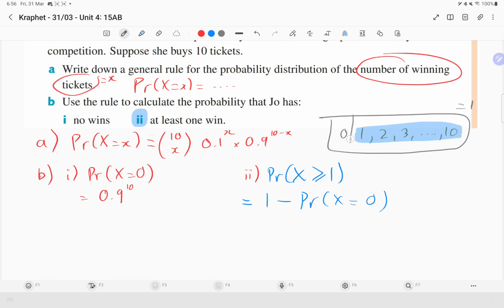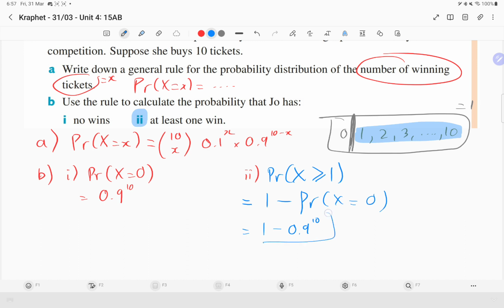So the probability of 1 or more, 1 all the way to 10, is simply the whole box, which is 1, minus the probability of the thing that's left over, which is the probability of X equals 0. Think of it as the box theory, where the right side of the box added to the left side equals 1. So the right side is 1 minus the left side. The answer is just 1 minus 0.9 to the power 10.